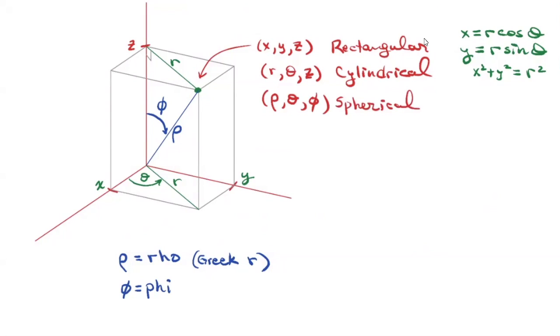Okay, and the first relationship I think is if you look at the sine of phi, that's going to be R over rho. So R is rho sine phi.